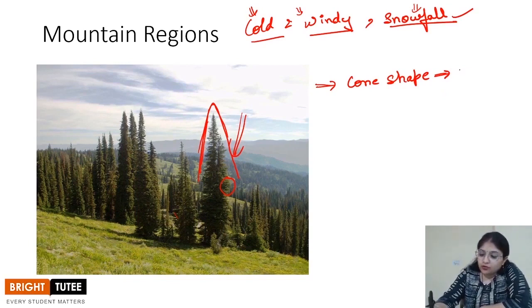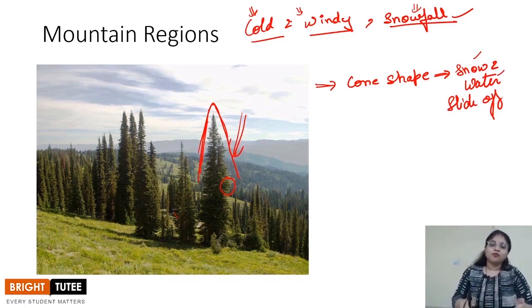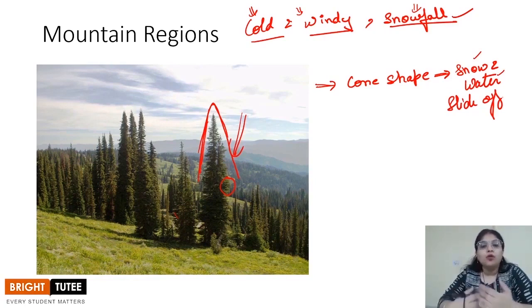Because the snow and water slide off the body of the plant, first of all, the temperature of the plant does not go beyond what it can operate on. Apart from that, the snow which might have covered the leaves also falls off, and the leaves are able to perform photosynthesis.